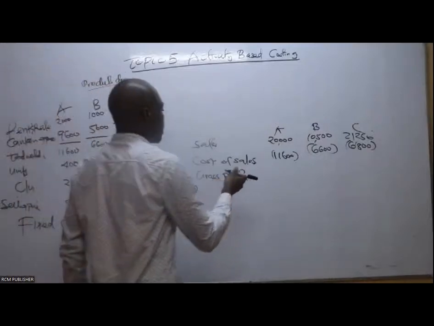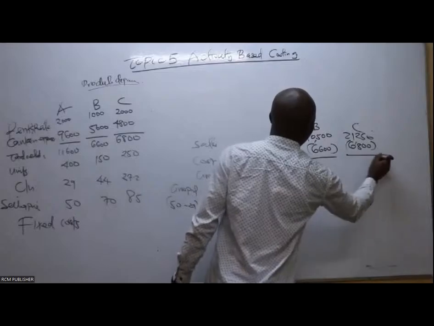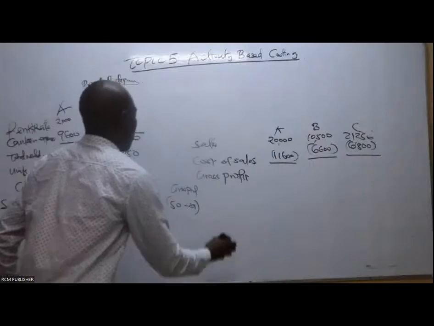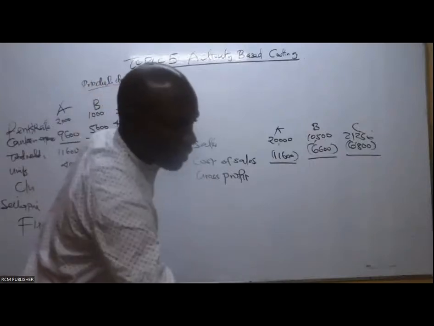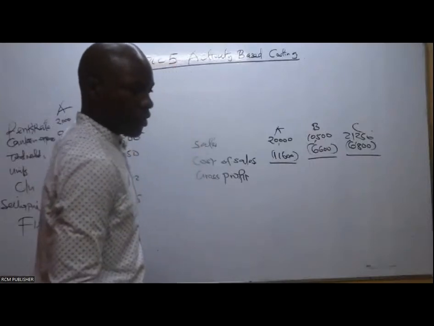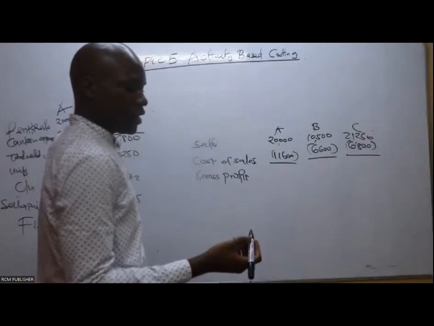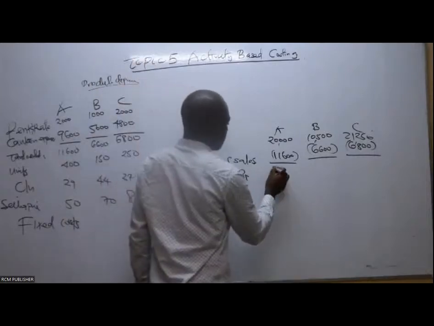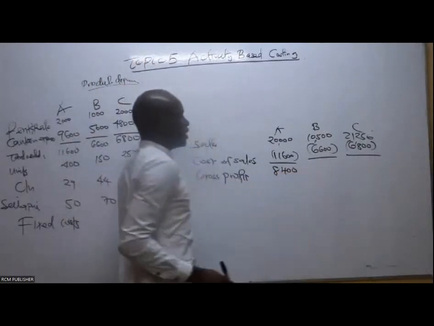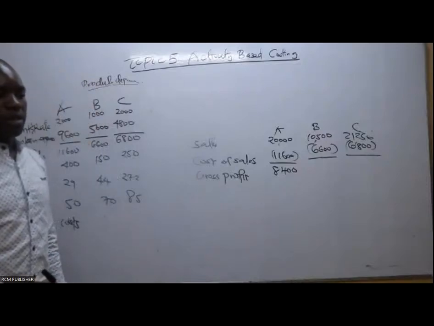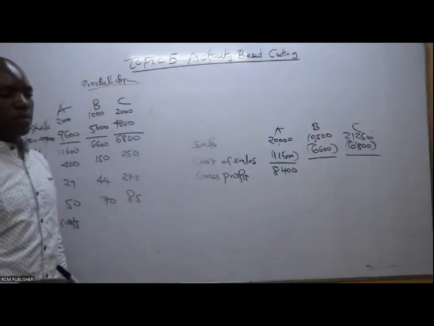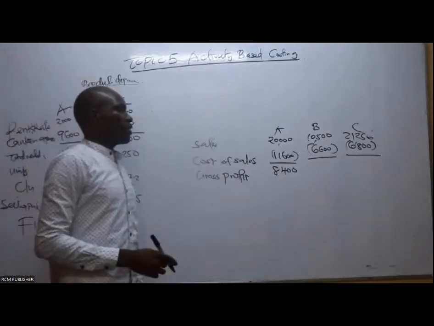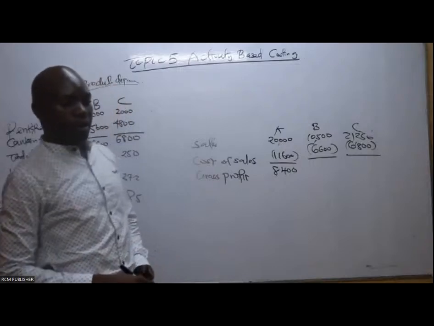Okay, let us get gross profit. So for department A, how much gross profit do we get? Department A is 8,400. Department B, 10,500 minus 6,600.